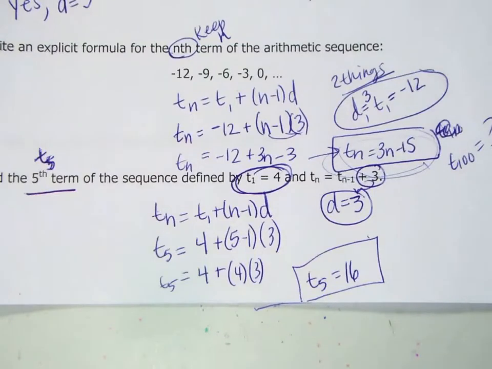Alyssa? I did mine a little differently, and I still got 16. I found the formula like we did up top, and then plugged in 5. Sure. Okay, just making sure. The one thing about this unit that some people struggle with is that there are so many different ways to get to the same answer. So just because you approach it differently than maybe I do it, it's fine.